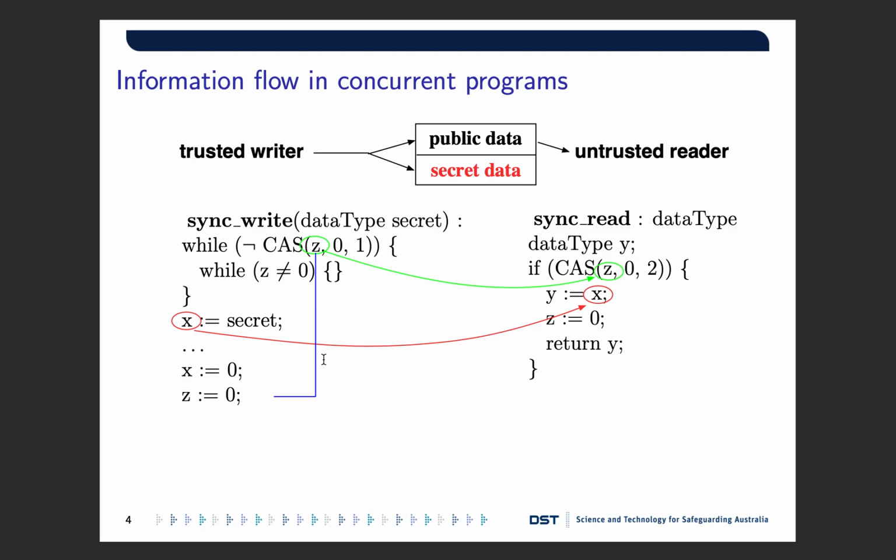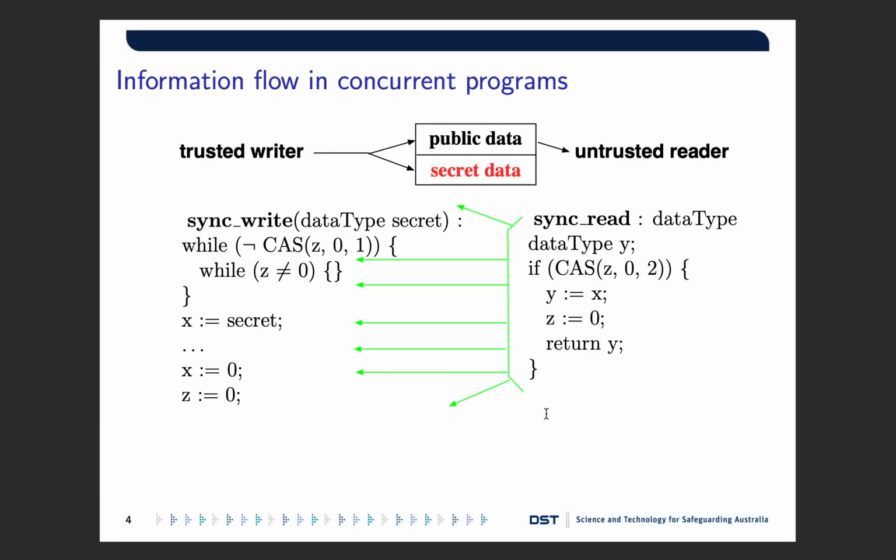In this example, obviously the buffer is shared, the reader has read access to this buffer, but also the control variable z is shared because it's used here as a synchronizing variable: the reader is implemented such that if it manages to update z to 2, it can read. It cannot read if z is 0 or 1.